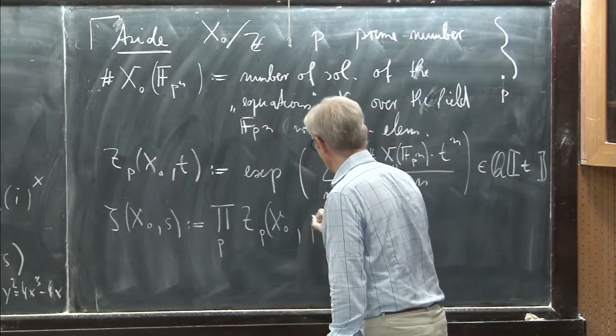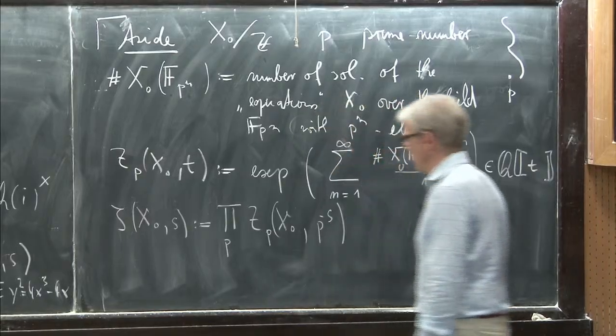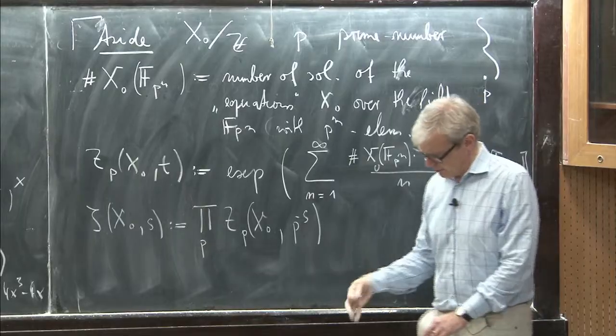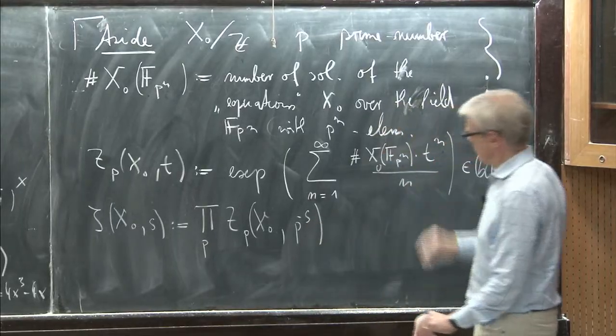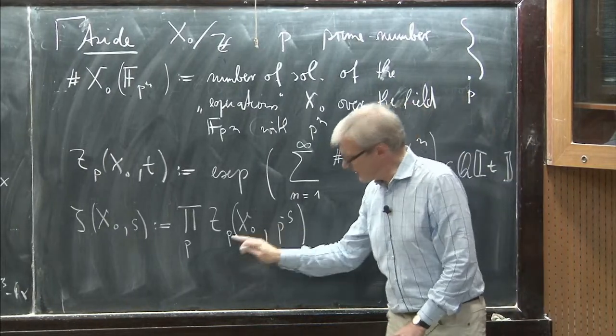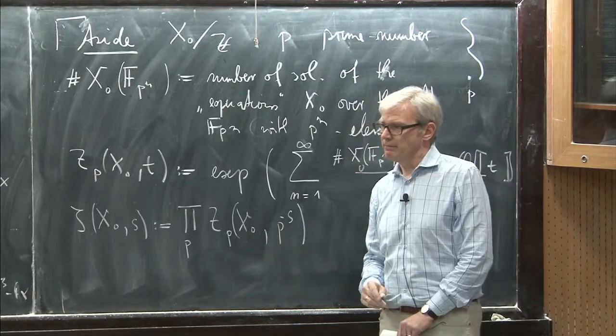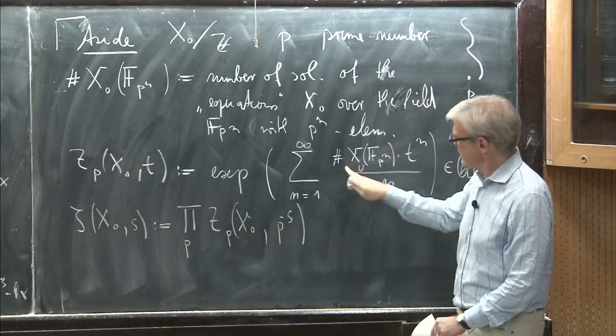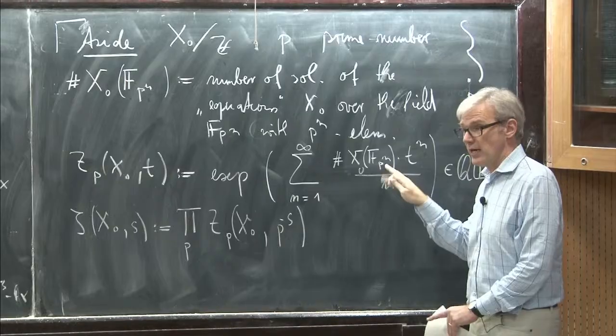So I put p to the minus s into this power series. Still, as a formal power series in p to the minus s, it contains this information. And that's actually essentially already the L function.